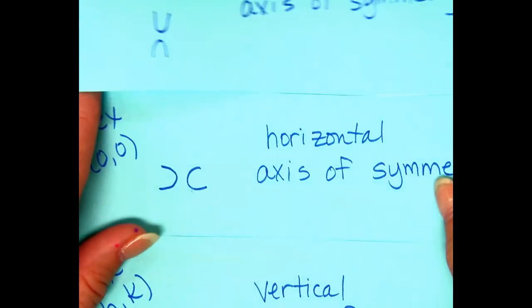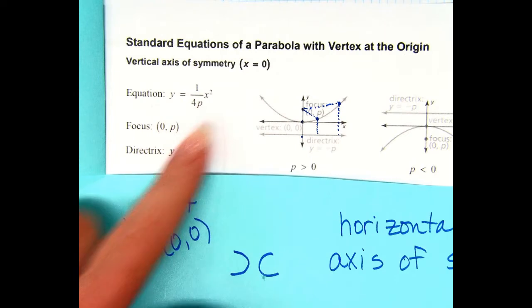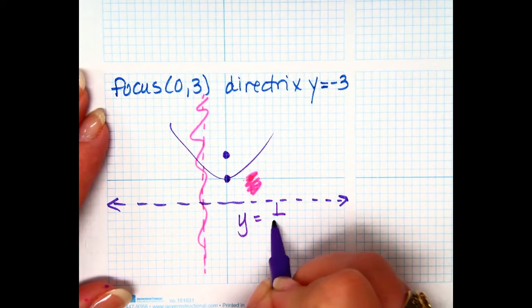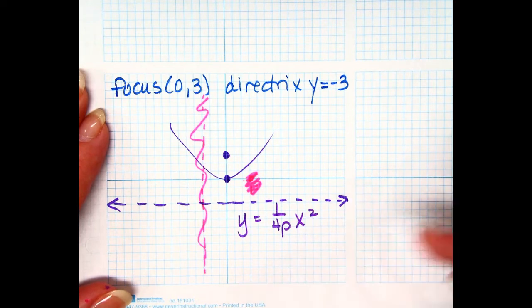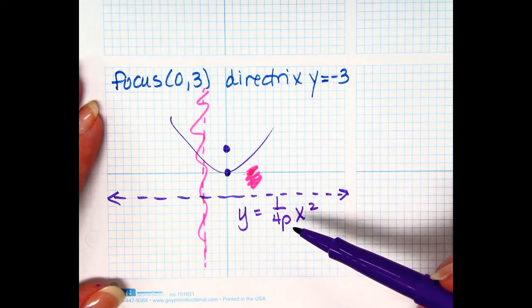So there's my vertex. So my vertex is at the origin. I know it opens up. So let's use this page. Y equals 1 over 4p x squared. What do I have left to know to be able to finish the equation? I got to know p, don't I? How do I find p?